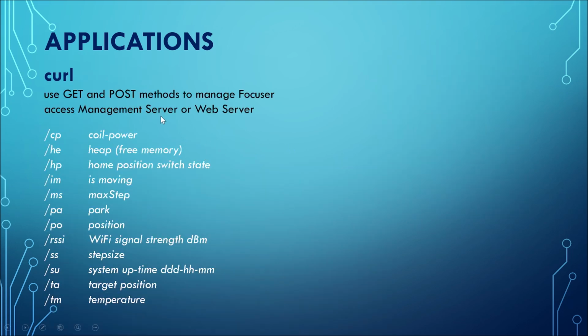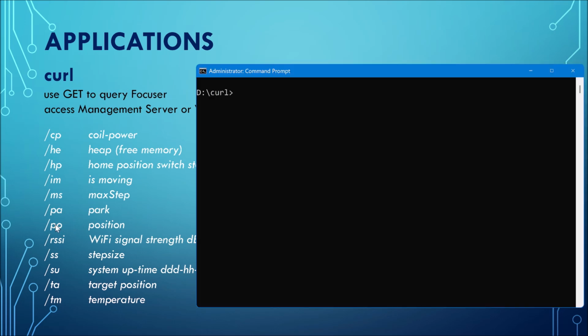Well, next on the list is curl, and curl is a way of getting information or setting information for the controller. And I've talked about some of these before and demonstrated how you can actually do this in a web browser. So let's go and get position, and the format of the command looks a bit like this.